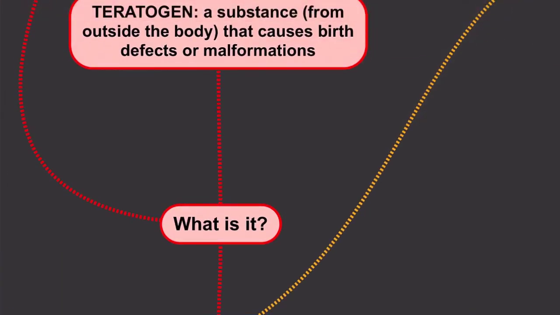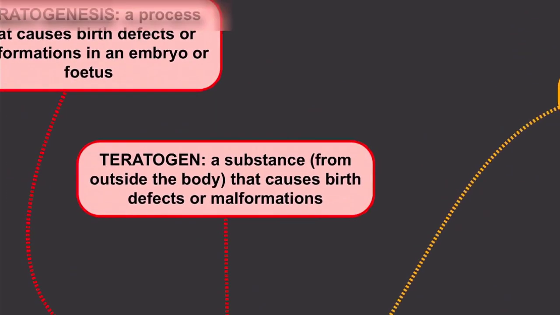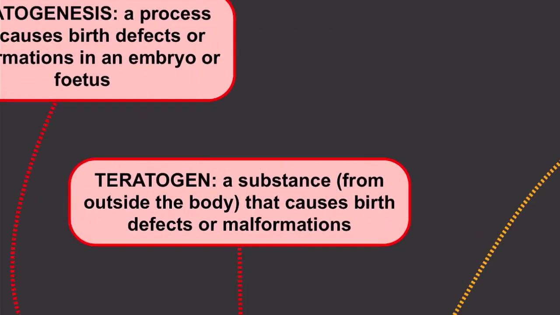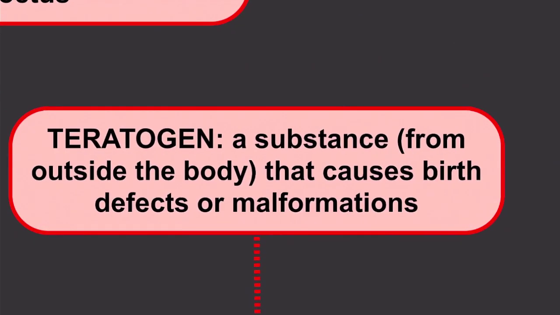Now let us see how we have included the facts and concepts. This is our note, and using this as a knowledge base, we will be able to write good answers. So see, what is a teratogen? A teratogen is a substance from outside the body that causes birth defects or malformations. Appreciate the brevity.